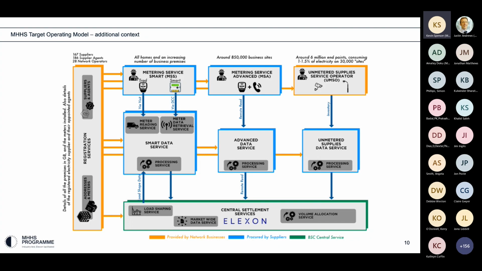But the registration service will contain a connection type indicator, which will tell you if it's whole current, low voltage CT, high voltage CT, or extra high voltage CT, so you can work it out. It'll also contain a domestic premise indicator, which says true or false, and that'll allow you to group customers to an equivalence of C, F, and G.